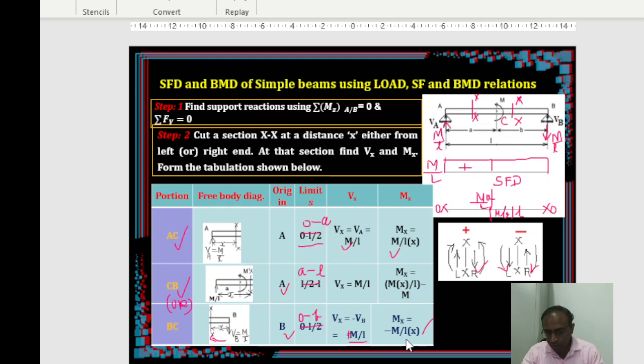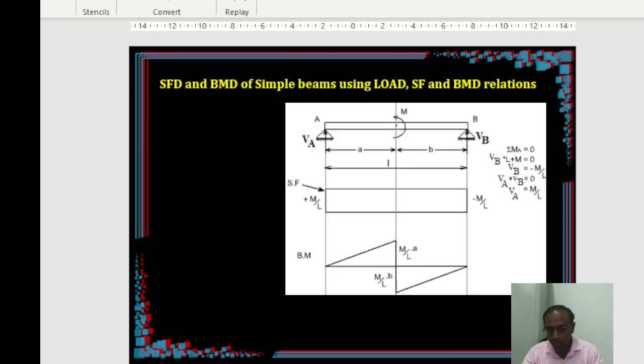This is a kind of linear equation, y equal to mx type. This is also y equal to mx. So join by a straight line. From here to here, straight line. Then here to here, straight line. That's all. This is your bending moment diagram. If we draw exactly to scale, this is how it looks like. Plus MA by L at A, then MA by L minus MB by L, and M by L throughout.